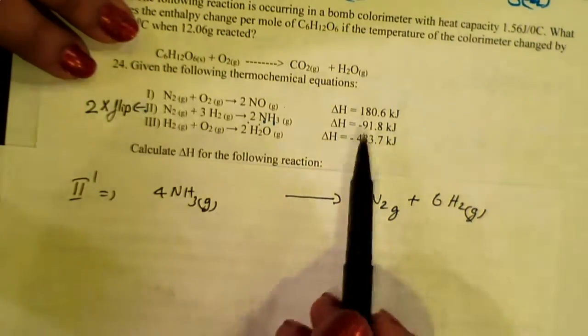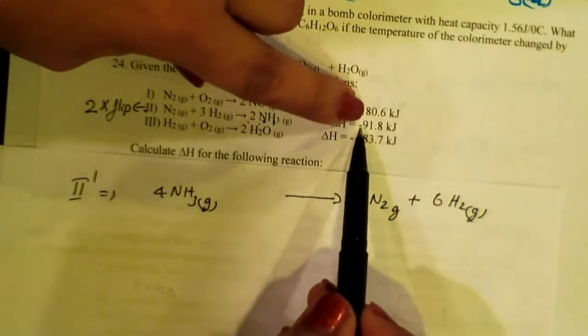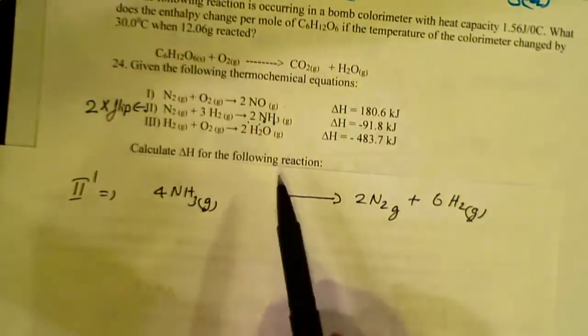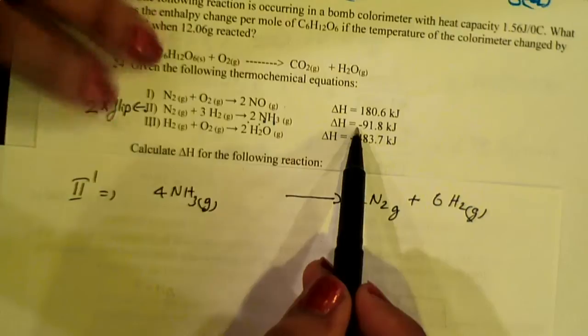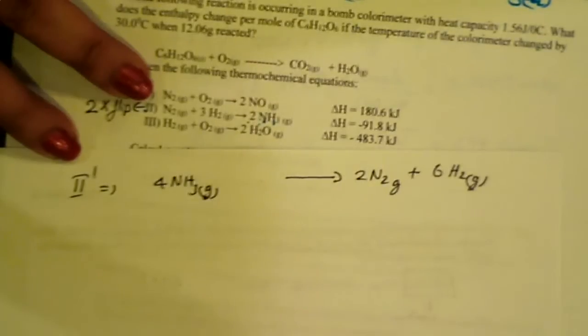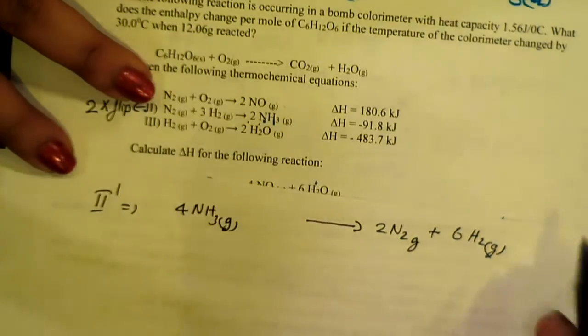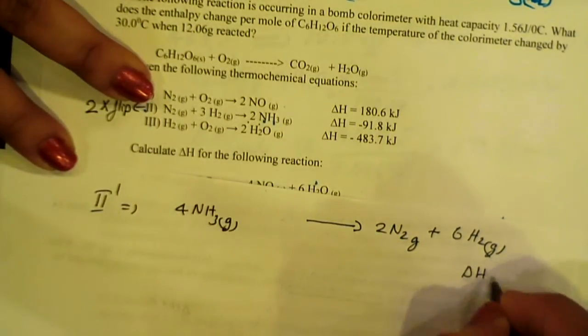So 4 NH3 gas gives you 2 N2 gas plus 6 H2 gas. And for the enthalpy change, if you flip the given reaction, the enthalpy change will be the opposite.